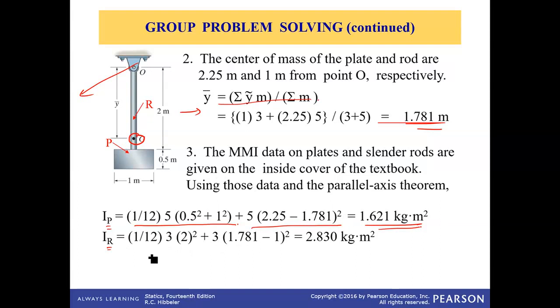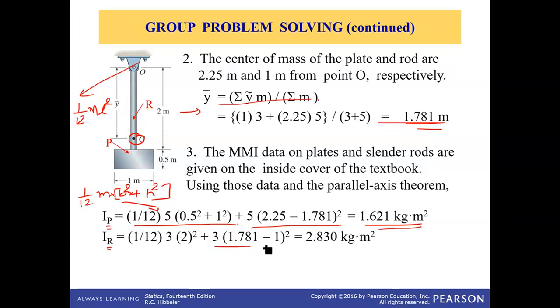The same goes for the rod. It's 1 by 12 m L square. The formula for the plate is 1 by 12 times mass times width square plus h square. And for the rod, it's 1 by 12 m L square. That's the moment of inertia of the rod about its own centroid.